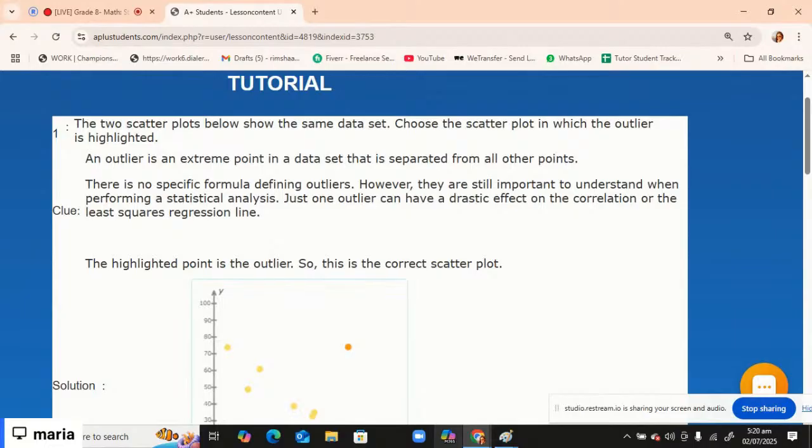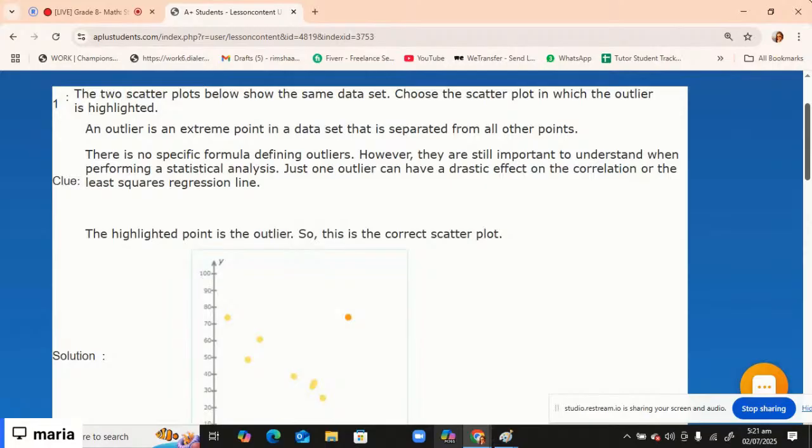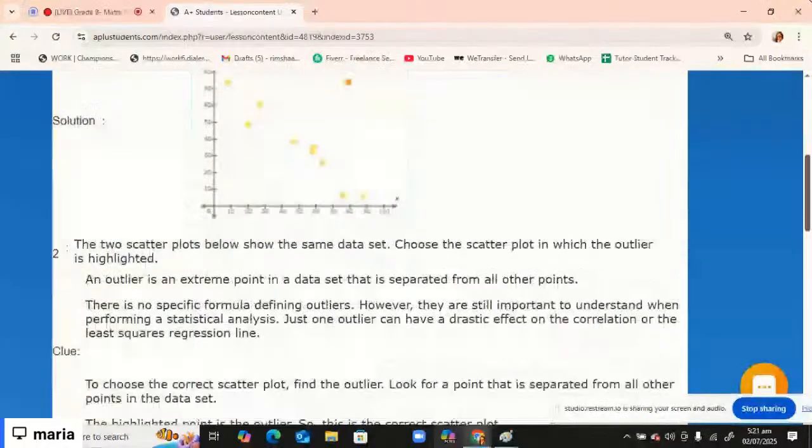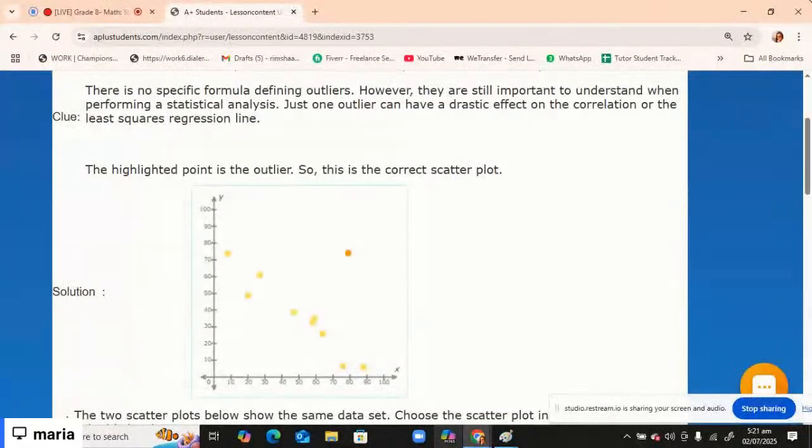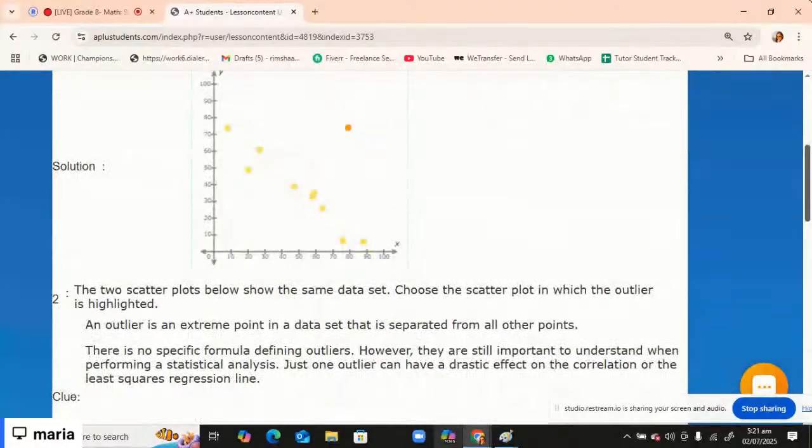There are also correlations or least squares regression lines. Correlations can be strong correlation or weak correlation, and we check them one by one. Here the highlighted point is on the outside, so this is the correct scatter plot. Look at the yellow points and the red point. The yellow points are in the scatter plots below, and there is one red point which shows an outlier because it's at the 100 point, while all the other points are on one line.